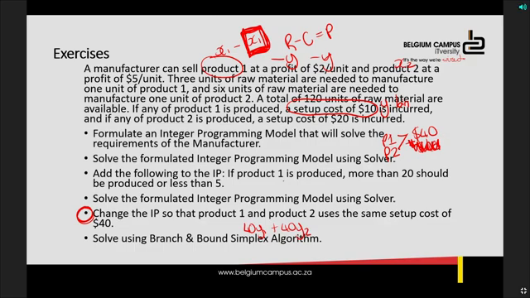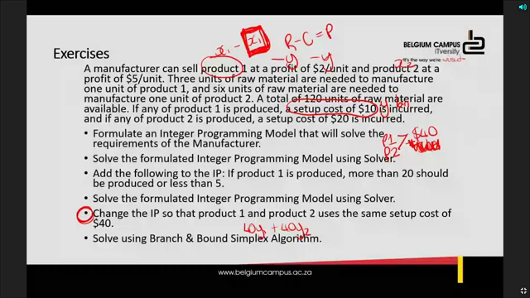Just to make it clear, if they both have $40 each, meaning the value of 40 applies to both but it's not the same setup, then you'll have 40Y1 plus 40Y2 and do it like you normally do.